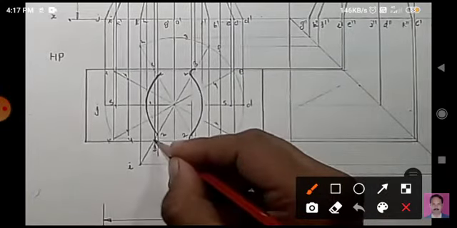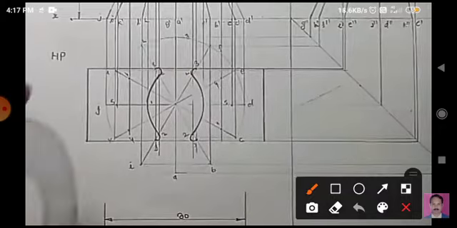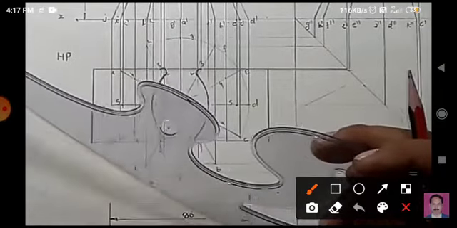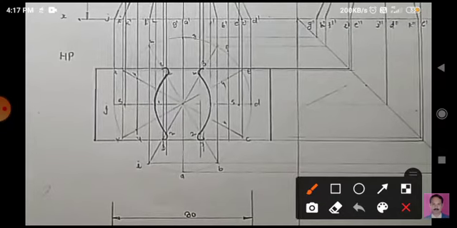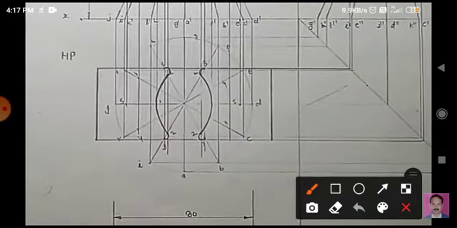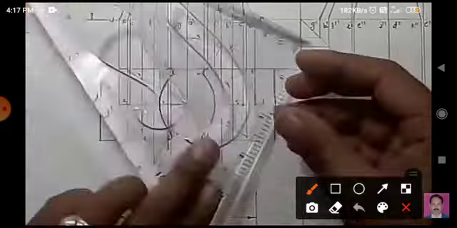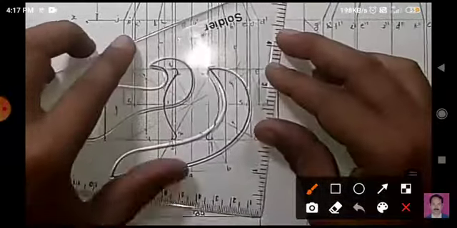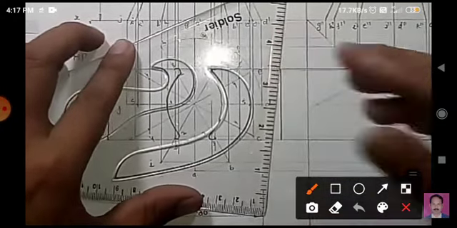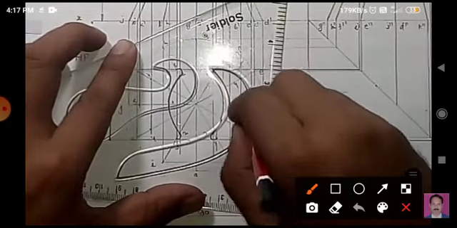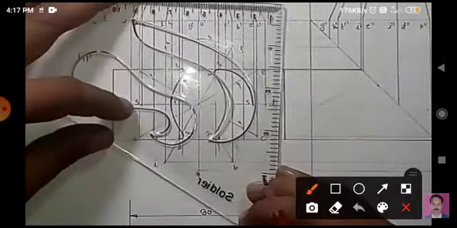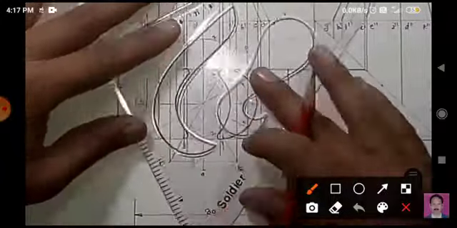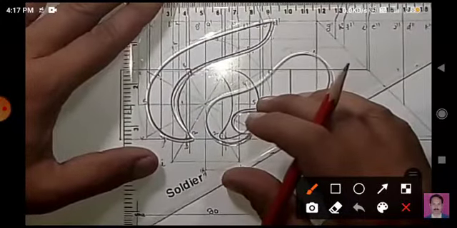If your French curve is not fixed there, you can draw that small portion with your hand also, and then again use the proper portion of the French curve. Do this on the left side also. Okay.